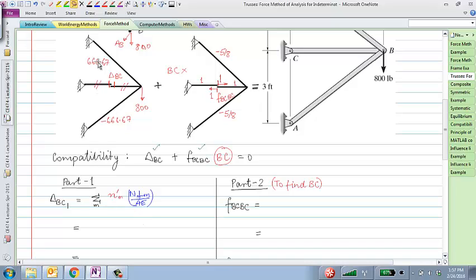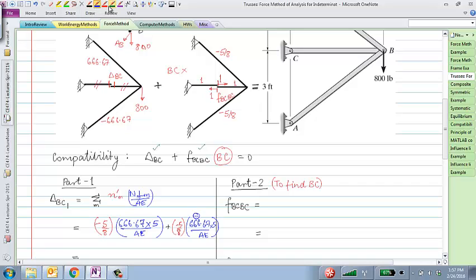So in this particular problem, the virtual force is -5/8, and the real displacement is 666.67 times 5 feet divided by AE in one case, plus -5/8 times negative 666.67 times 5 over AE.